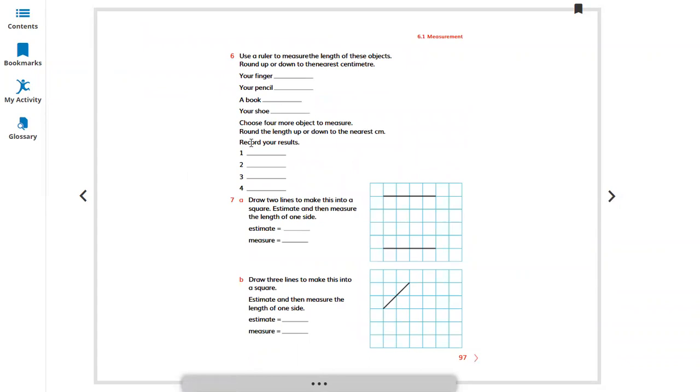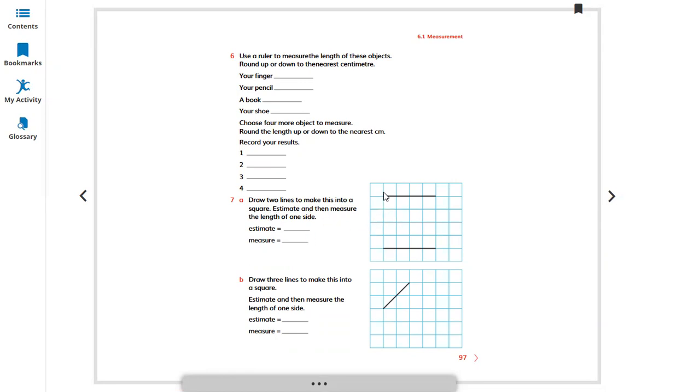Question number 6, same like this. You need to find the answer using your ruler in centimeters. Question number 7, draw two lines to make this into a square. Estimate and then measure the length of one side. If you find one side, the other sides are obviously the same.